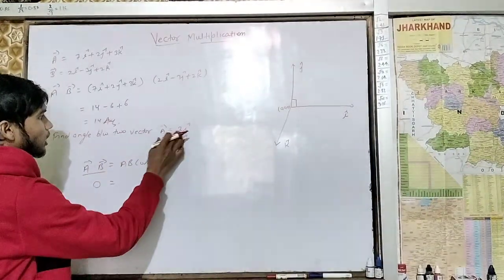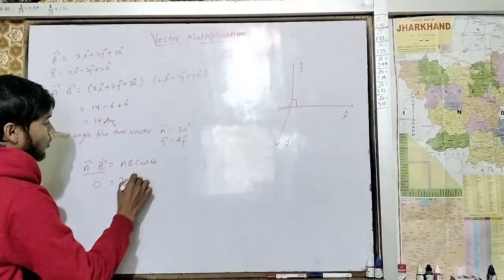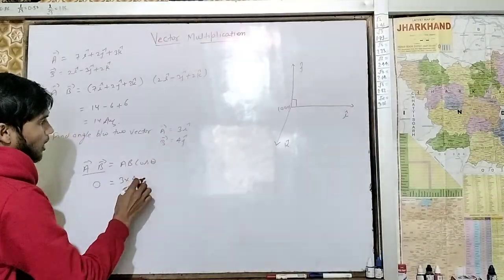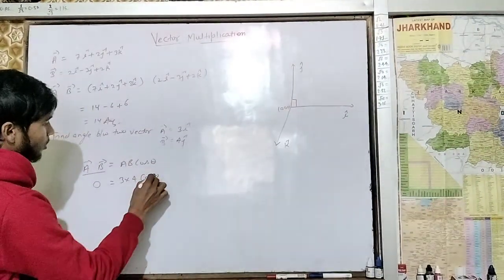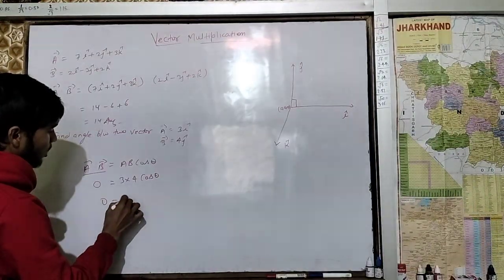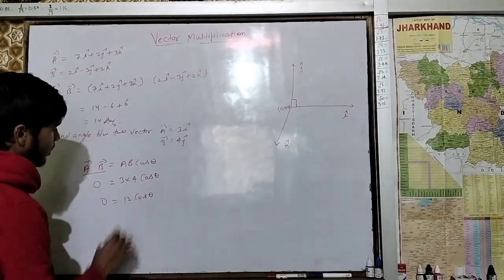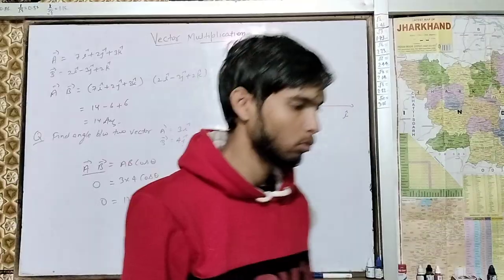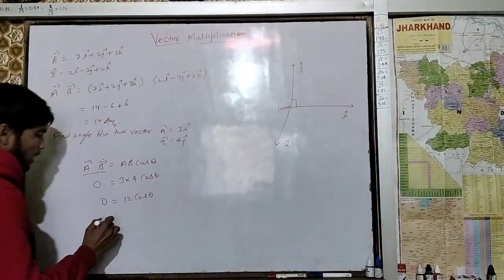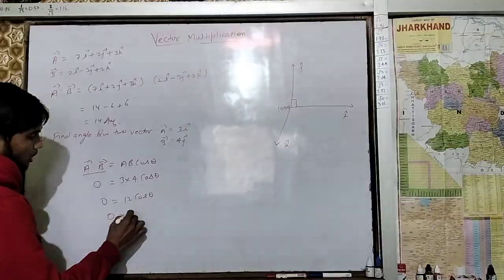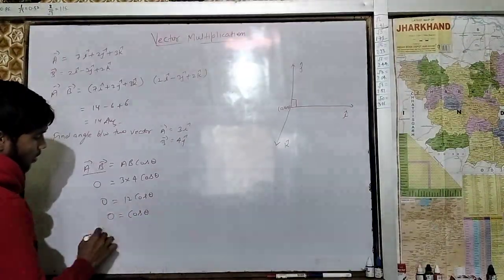So magnitude of A is 3 and magnitude of B vector is 4. Cos theta we don't know. This 0, 4 times 3 is 12, cos theta. When this 12 comes to this side, this will become again 0. So cos theta is equal to 0.